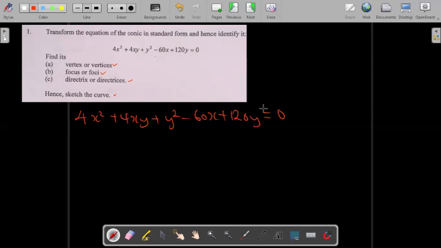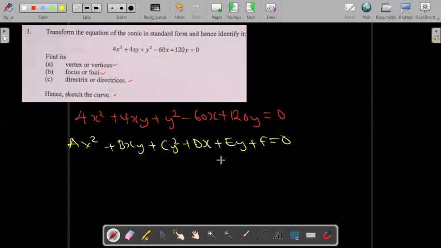I can compare this equation to the standard equation, which is written as ax squared plus bxy plus cy squared plus dx plus ey plus f, this is a constant, equal to 0. So this is the standard.